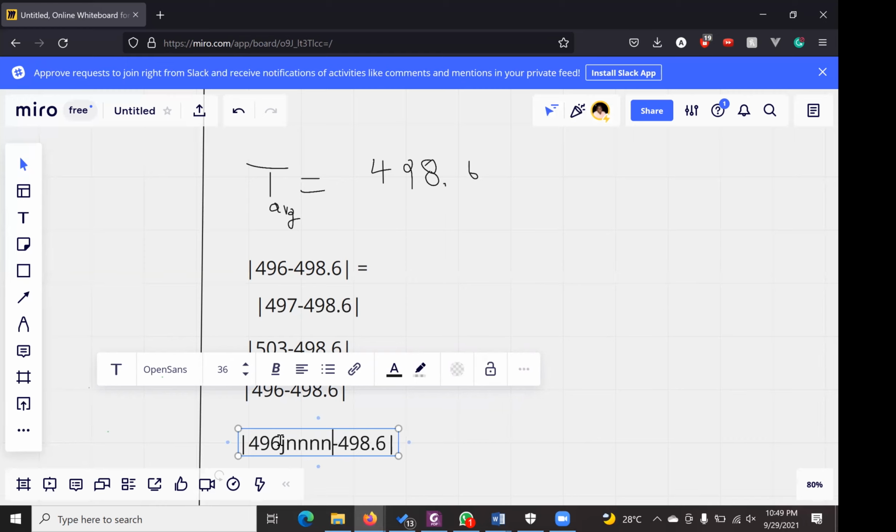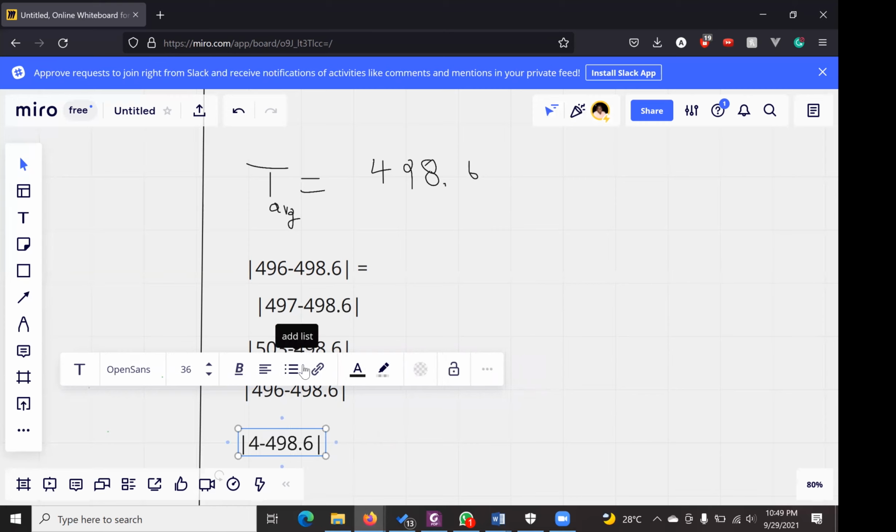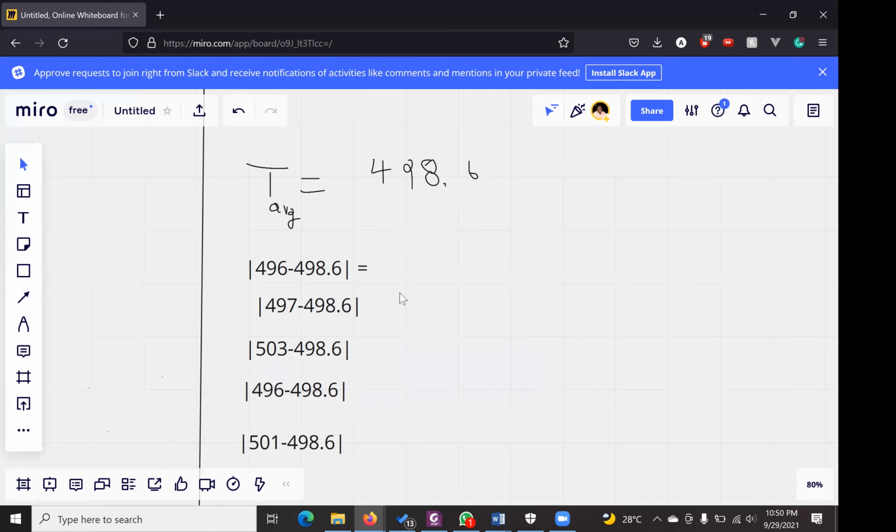You can see this on my screen, everyone. Yes. All right. Let me just check if these values are correct. All right, awesome.